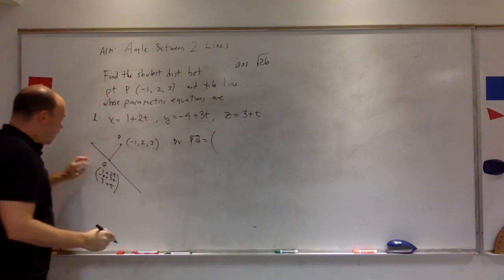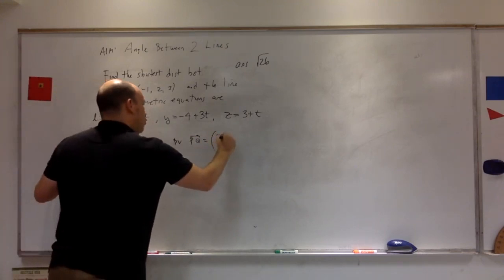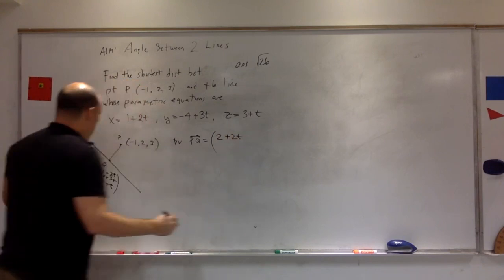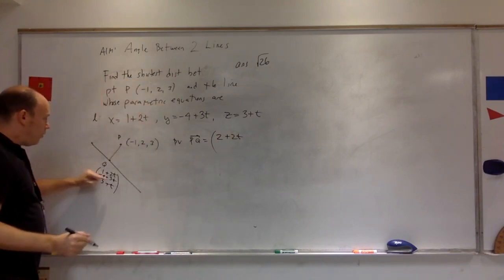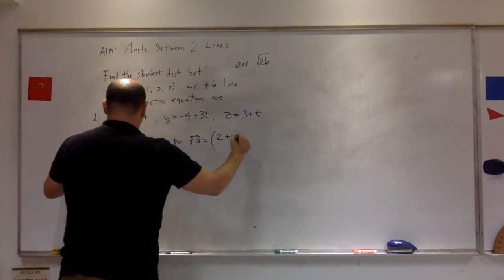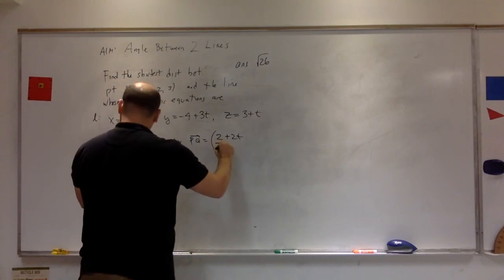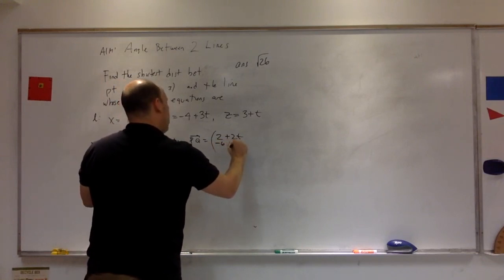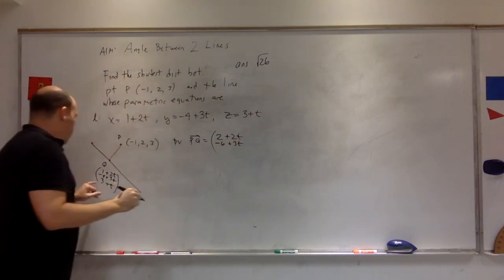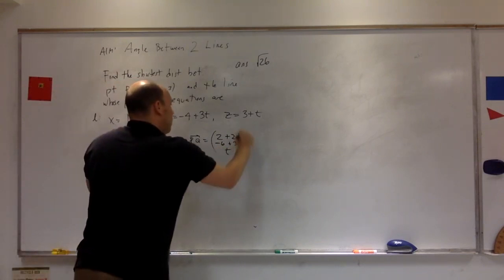Well, that's easy. 1 plus 2t minus -1, that's 2 plus 2t. We have -4 plus 3t going to 2, that's -6 plus 3t. And 3 plus t going to 3, well, that's just t.